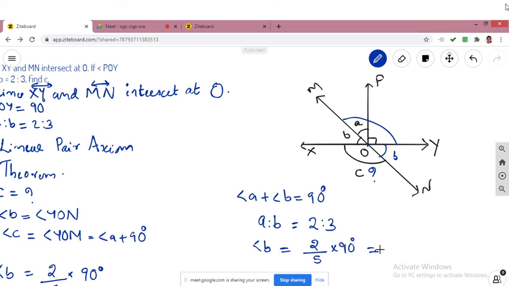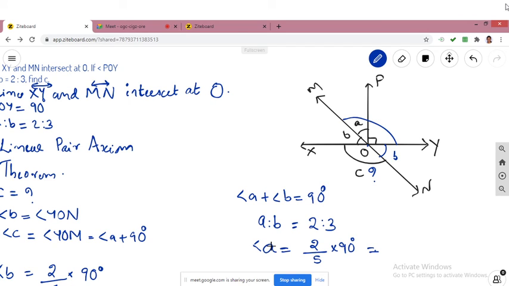Ma'am, actually angle A is equal to 2 by 5. Sorry, I am really sorry. Then how much did you get for angle A? 36 degrees, ma'am.